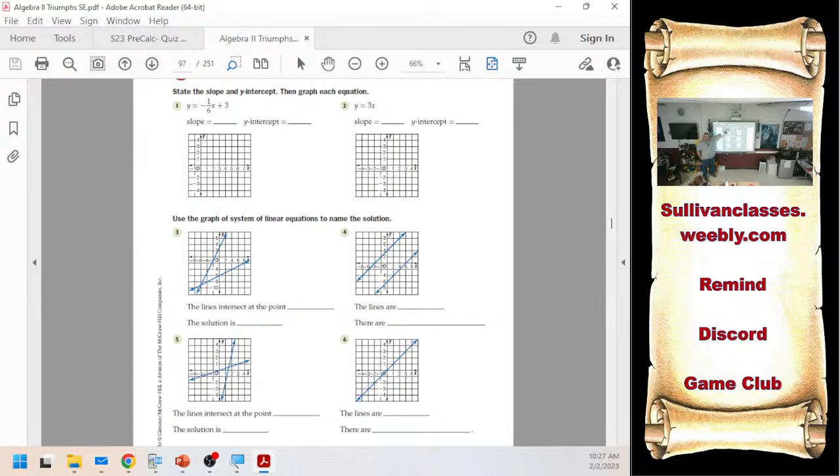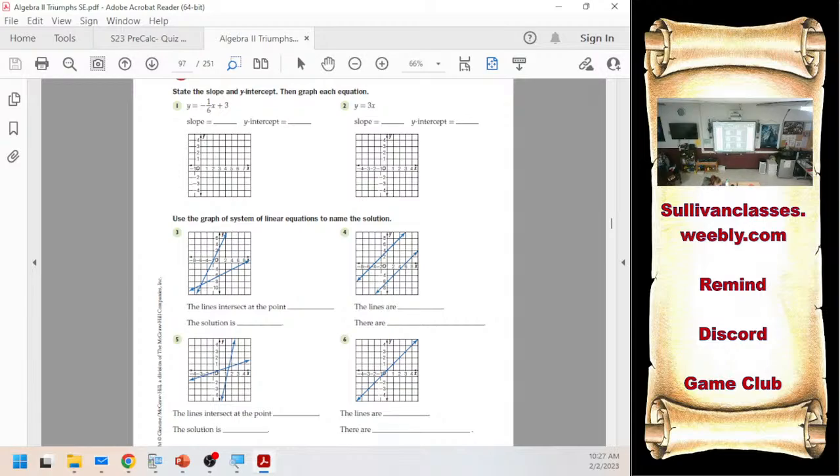Can you graph lines? The next four are already graphed for you, but you have to tell me what the answer is. There are two equations graphed, and you have to tell me what the solution is. Okay? Argue it out with your neighbors, those 6. Graph some lines. Tell me some solutions for the other 4.